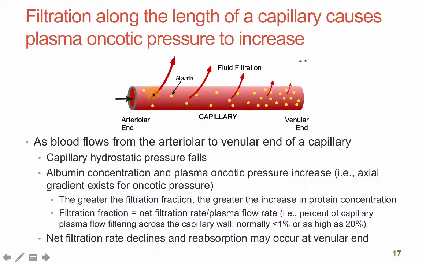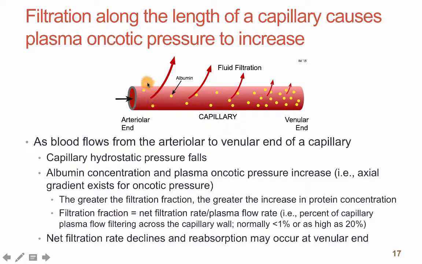If we start to lose fluid across that capillary wall, that fluid is coming from the plasma. And because the albumin cannot move across that wall readily, there will be a concentrating of the albumin along the length of the capillary.